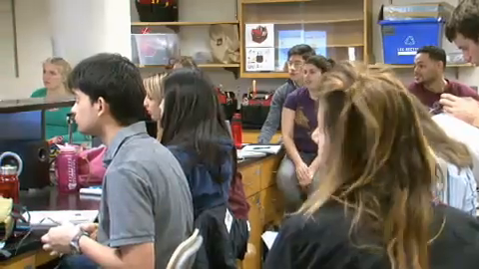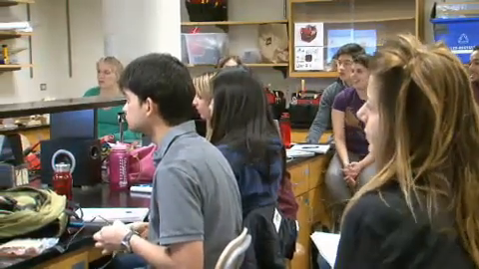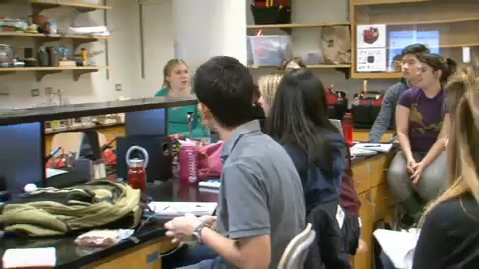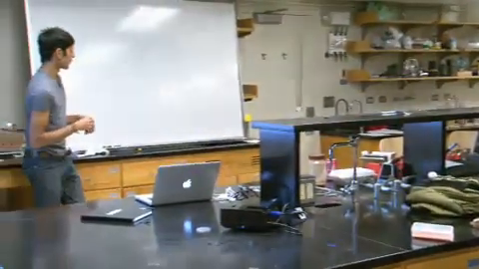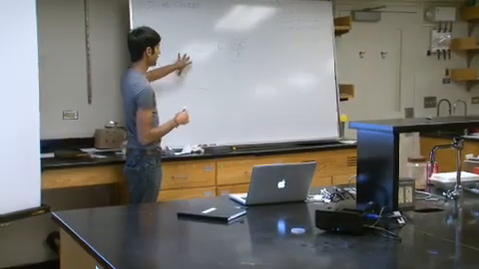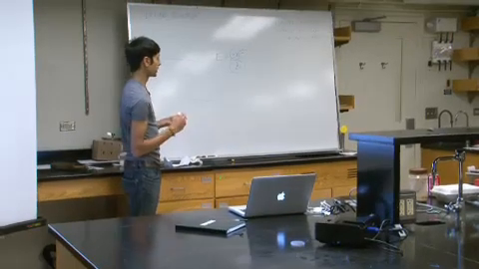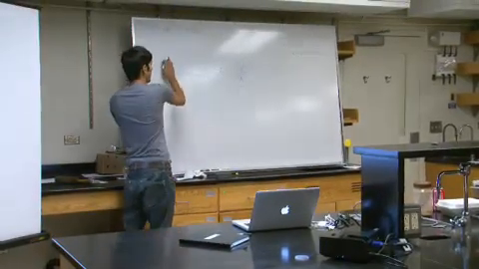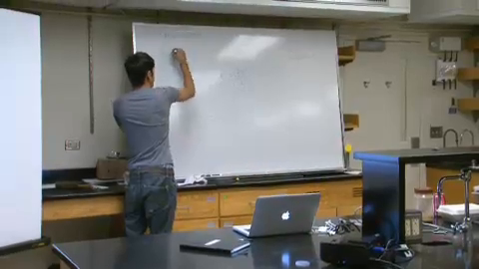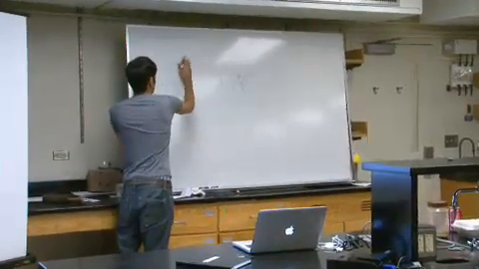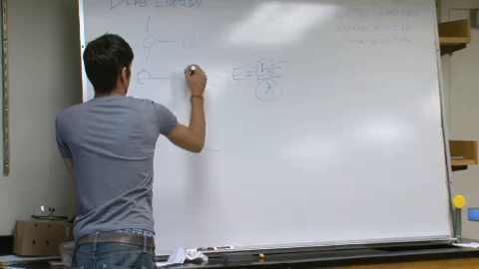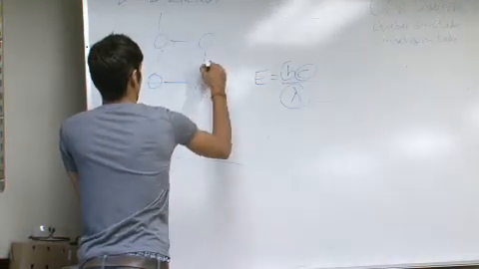Did everyone understand that? Okay, so basically what happens is, in a semiconductor, you have things in a pretty ordered pattern. So you'll have like atoms, something like that.